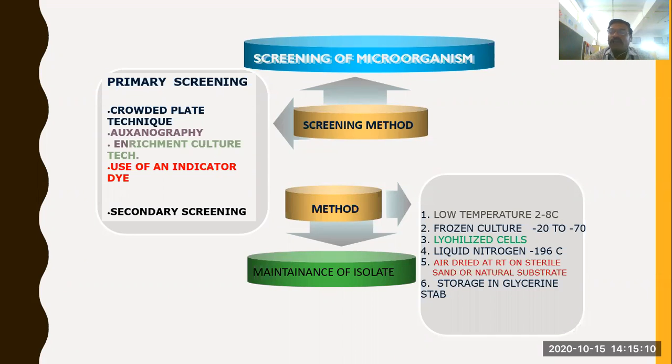We require cold acetone. Whatever the culture containing water molecules inside the cytoplasm, those water molecules you have to slowly remove, and your culture gets lyophilized and can be stored for years and years, with no change in genetic stability.